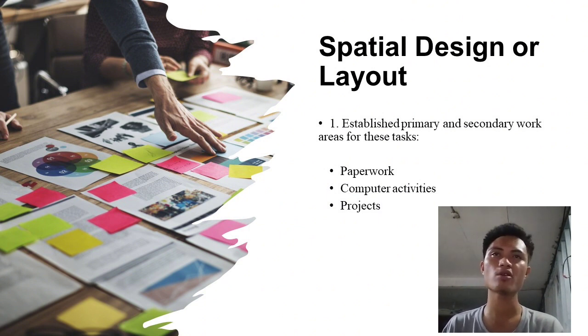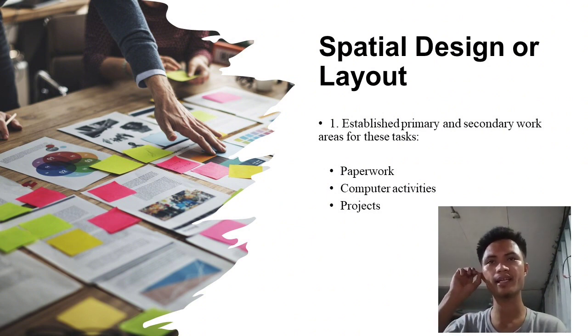In the secondary work area, a secondary area for paperwork could be a quiet corner or a designated filing cabinet or shelf within the office. This area can be used for sorting, organizing, or archiving paperwork.